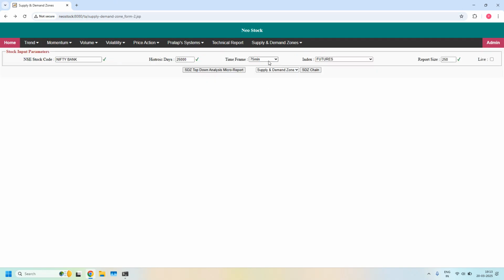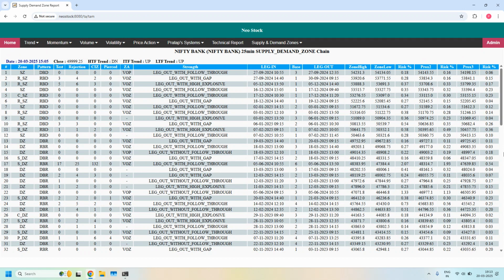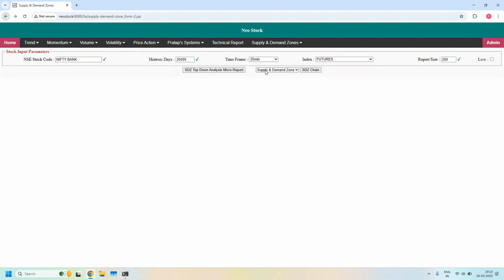Next, the 25-minute supply demand zone chain for Bank Nifty. Next, the 15-minute supply demand zone chain for Bank Nifty.